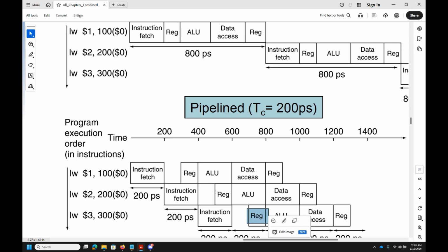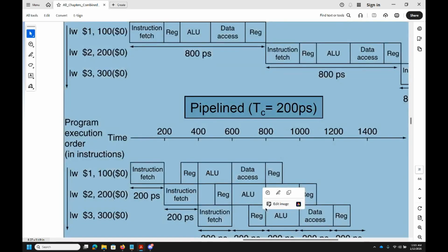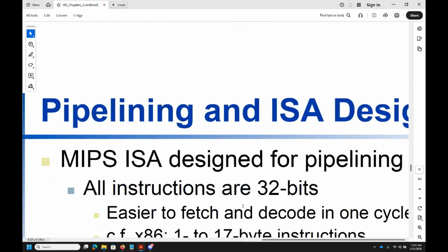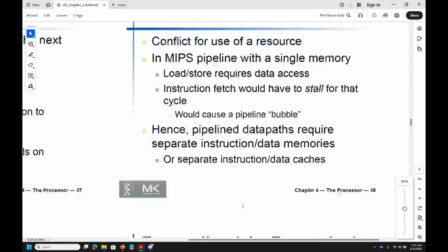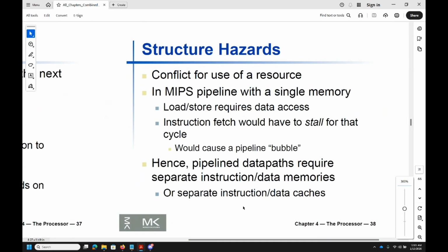Imagine that these were closer together. You have some instruction that depends on this computation, and you have to read and write to the same register at the same time. Basically, you are trying to do instructions in parallel, and you end up with a scenario where you are reading and writing to the same location at the same time.